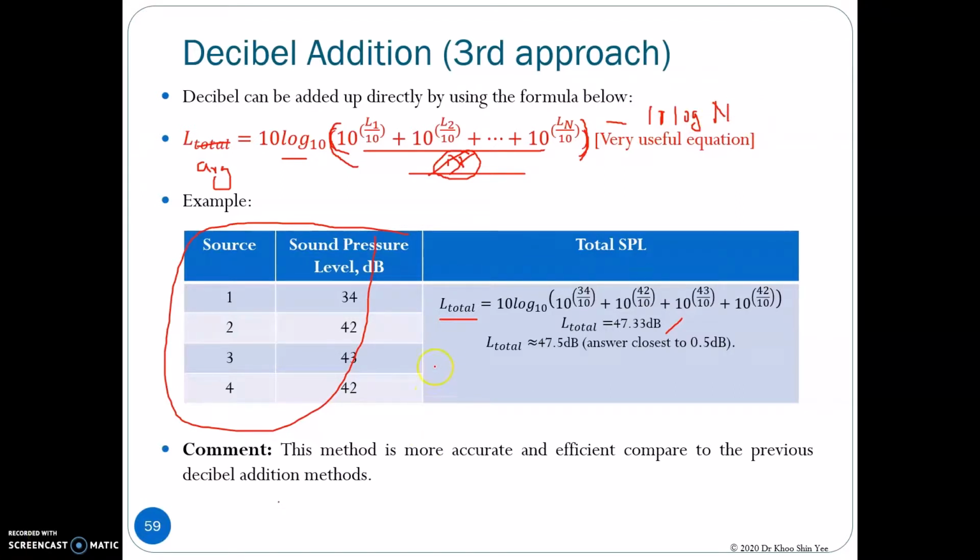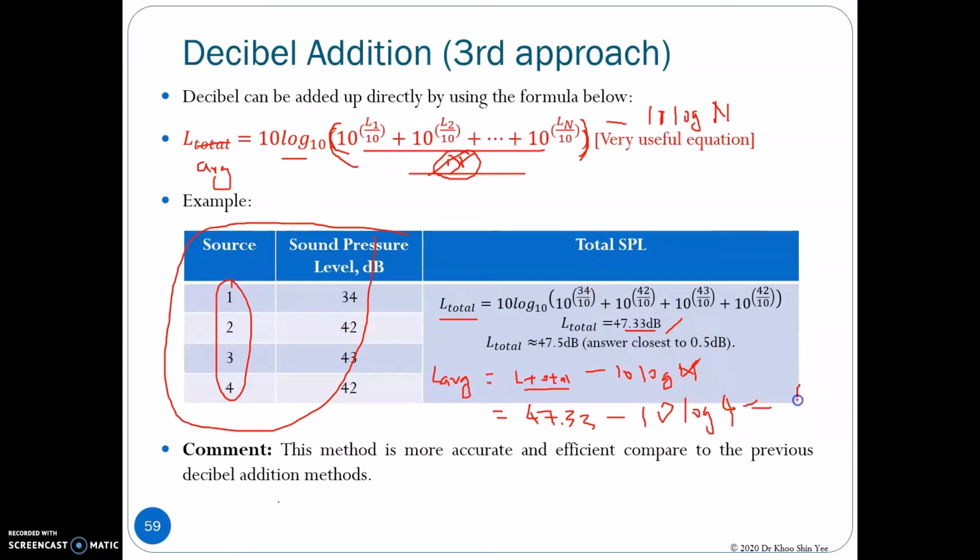In simple terms, to find the L average, you can just take the L total minus 10 log N. So you have computed the L total previously, substitute it inside. N is equal to 4 in this case because you have 4 sources, therefore minus 10 log 4.